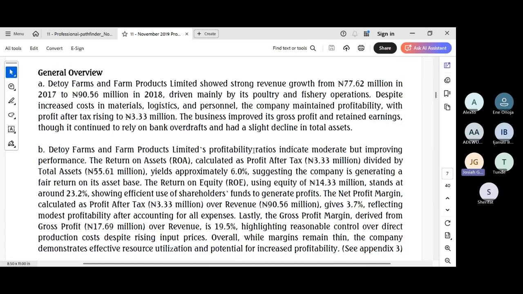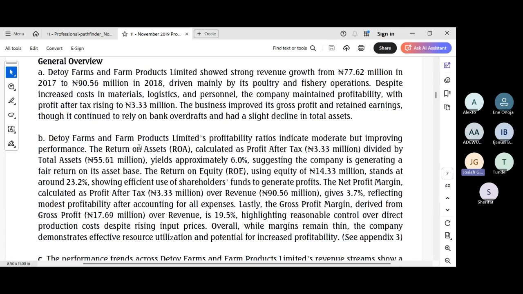And you have 1 mark for this. Then for B, we spoke to profitability ratios, which we have calculated. But there is other information you could also use. It's not streamlined to this alone. So for general information, you can pick from your appendices, your calculation. You can pick from the general financial statement or financial information provided to you to write. You're just transcribing what is in the figures into your explanation to pick your marks.